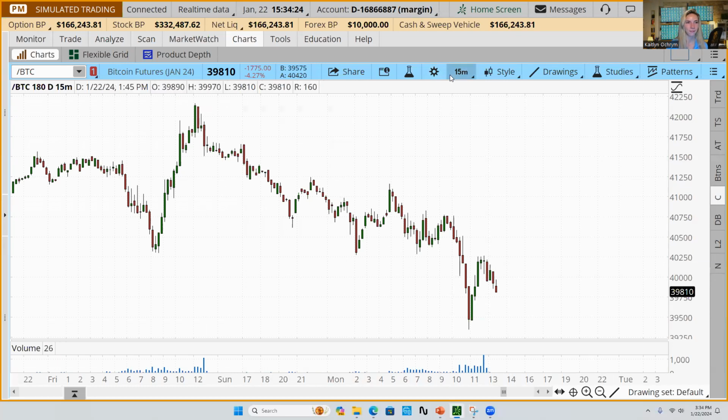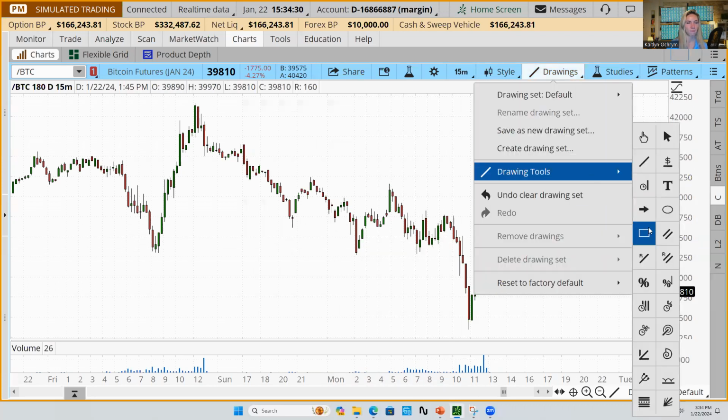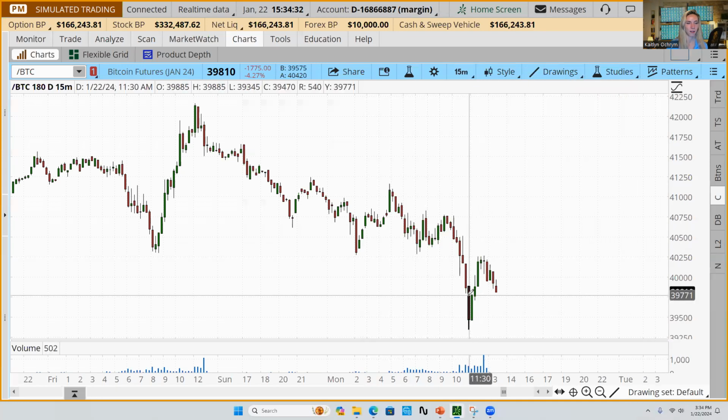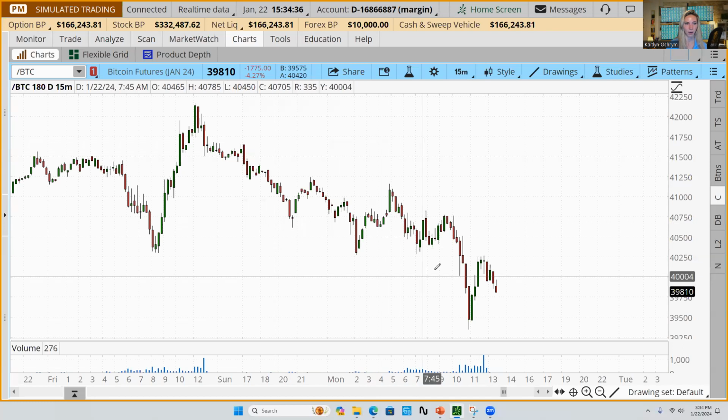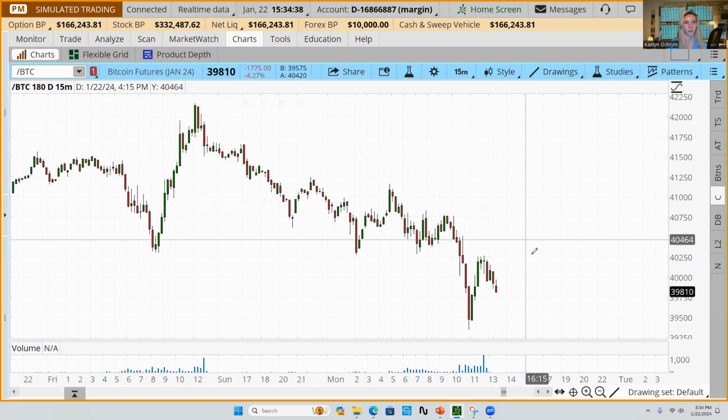Great question, though. There's a lot of details, and I actually like this setup because it illustrates what we are missing to make it a higher probability long trade: we're missing some of the key information as far as trend is concerned.